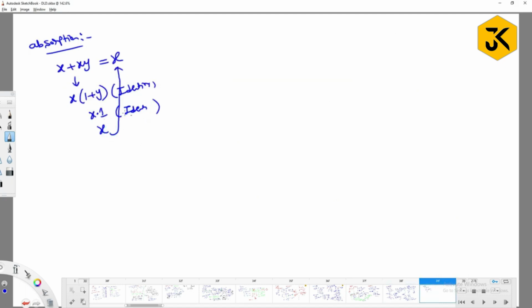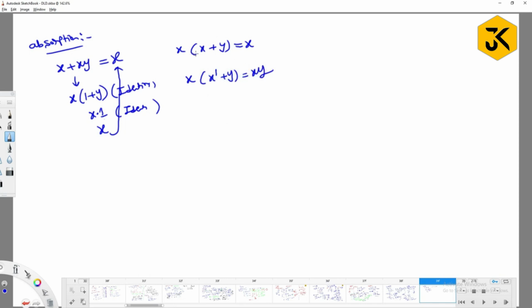Yes, this is one kind of absorption rule. You can also take x into x plus y, which also yields x. And x into x bar plus y is equal to xy, right? You can solve these two, right?